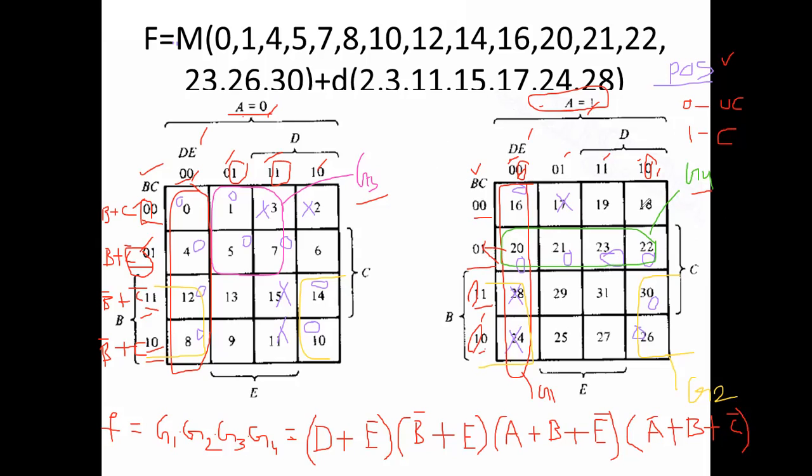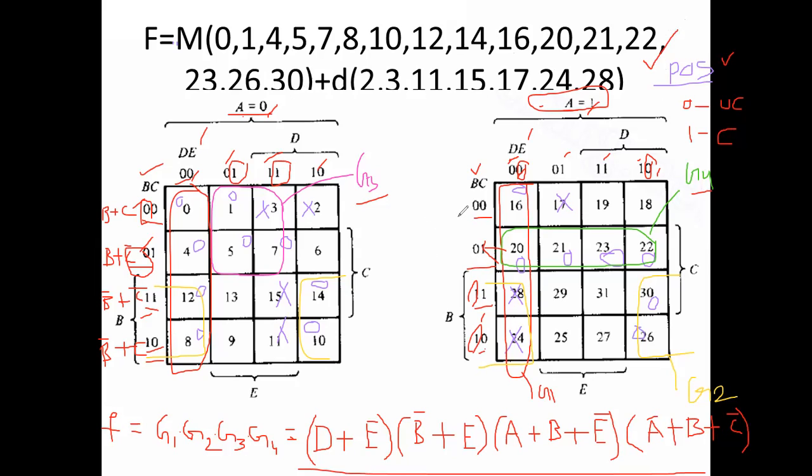That's why we are not getting any D variable, E variable in this group 4. Are you understanding? So this is the reduced expression for this POS form combined with the don't care conditions. Do you understand this problem?